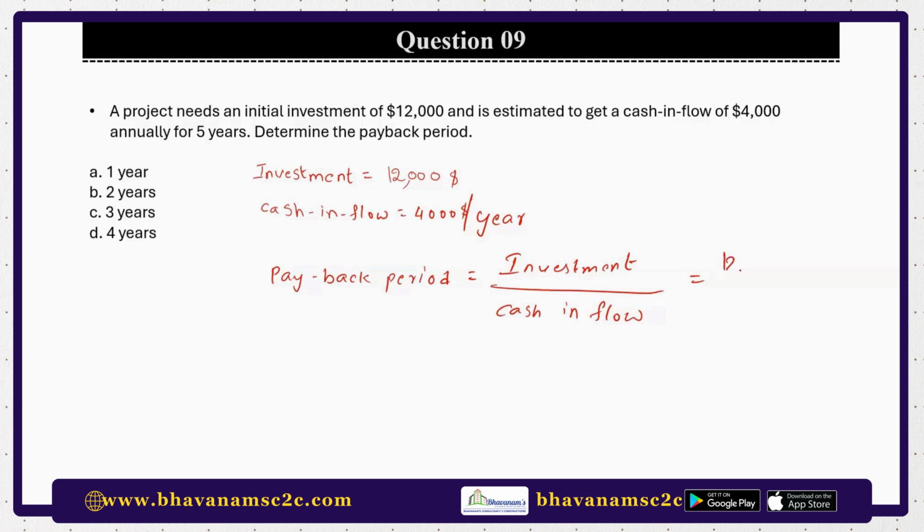That is $12,000 divided by $4,000 per year. So it will be 3 years. Okay. These kinds of questions are pretty easy for you.